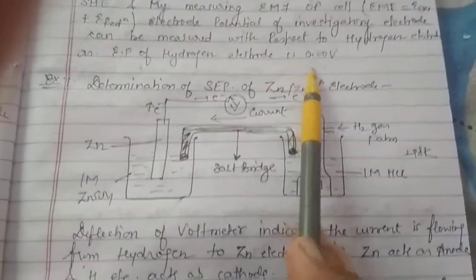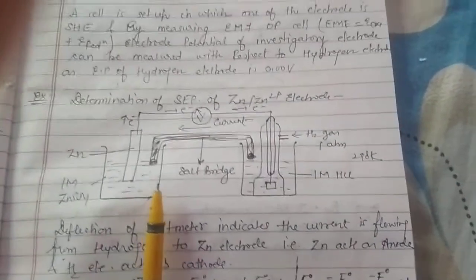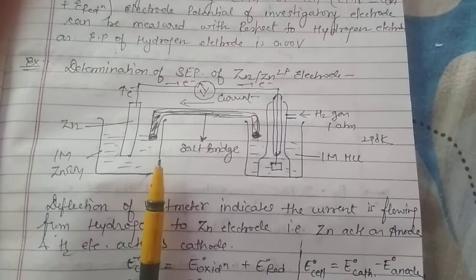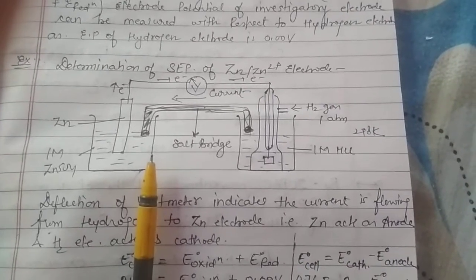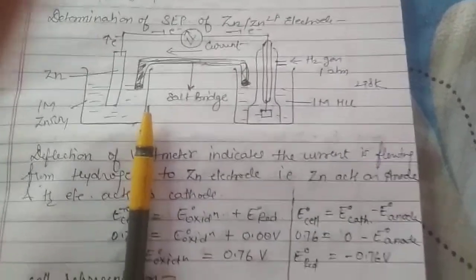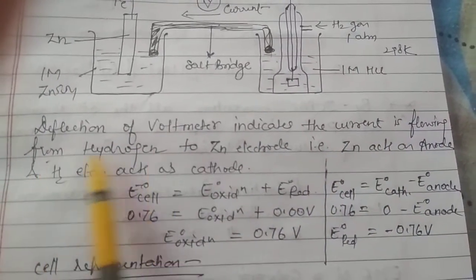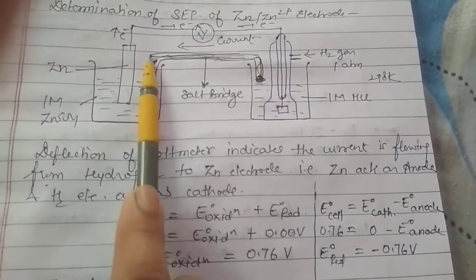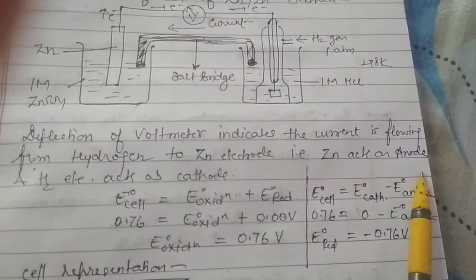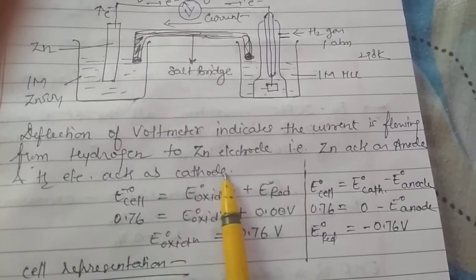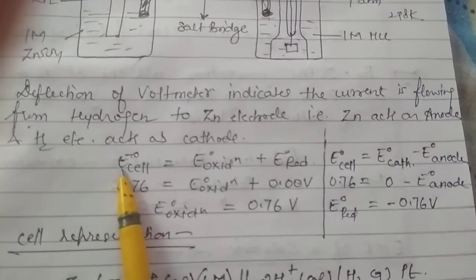So now we can apply the formula and calculate the electrode potential for zinc or the reduction potential of zinc also. Now, deflection of the voltmeter indicates the current is flowing from hydrogen to zinc, that we have seen. It means zinc acts as anode and the hydrogen electrode acts as cathode. We will apply the formula.